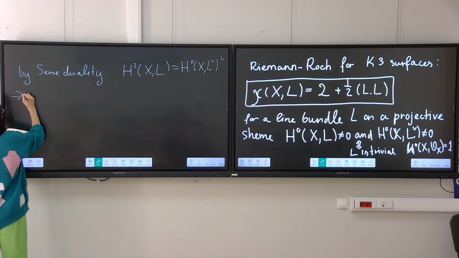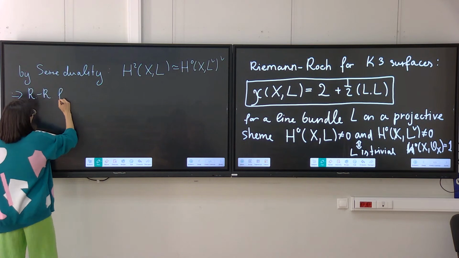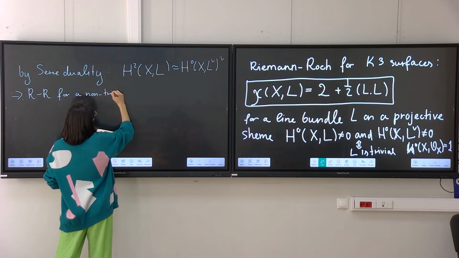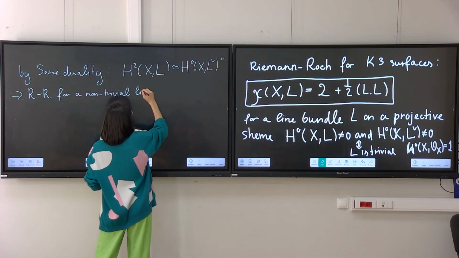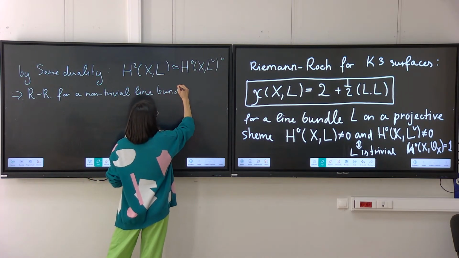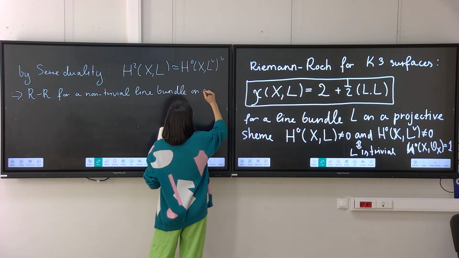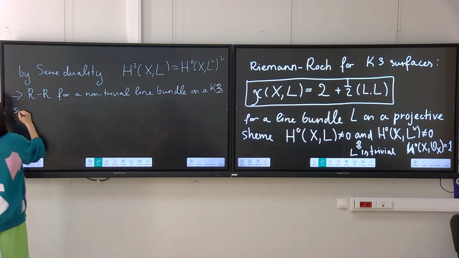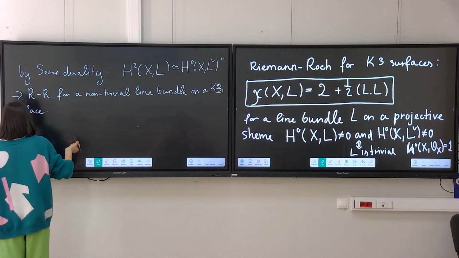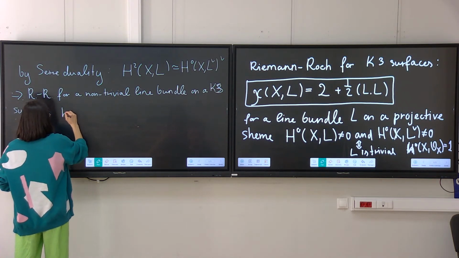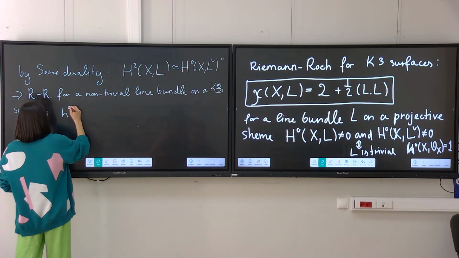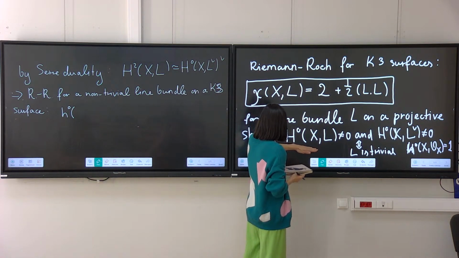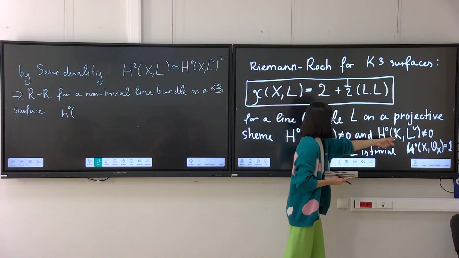So Riemann-Roch for a non-trivial line bundle on a K3 surface will have one of the two forms depending on what are non-trivial global sections of L or of L dual.